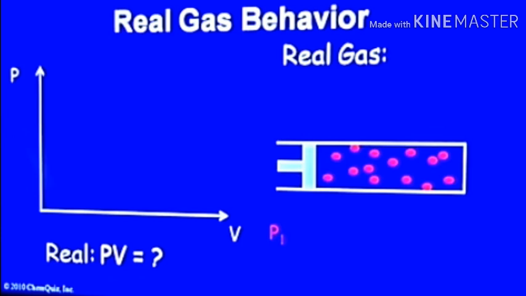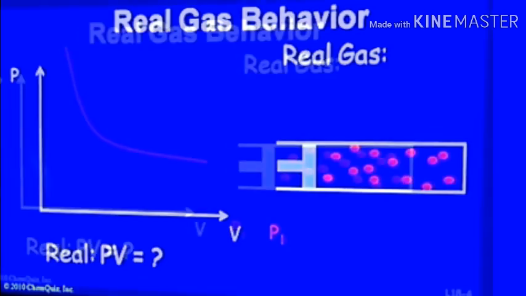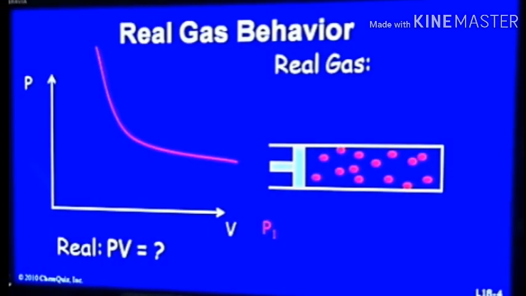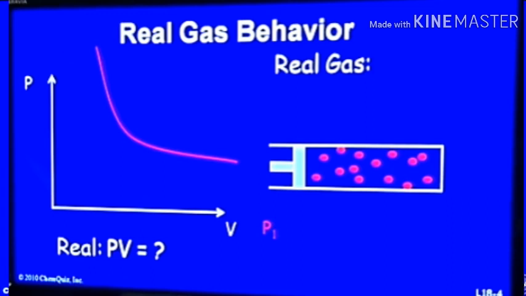Let's look at the pressure-volume relationship for a real gas. Now, if the temperature is high enough, real gases behave like ideal gases. That is, they have a PV plot that looks like PV is a constant.